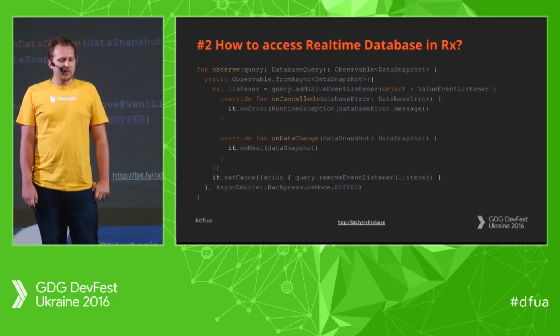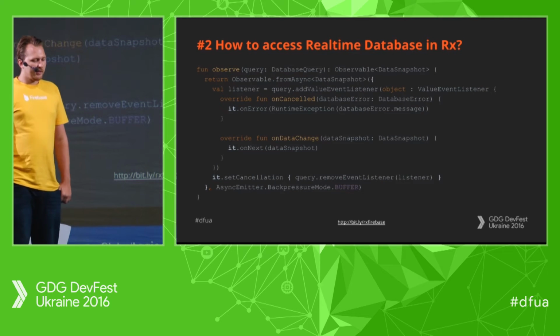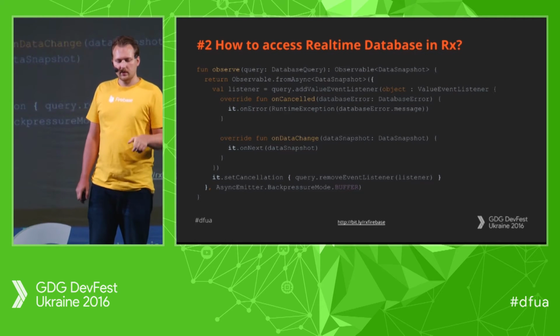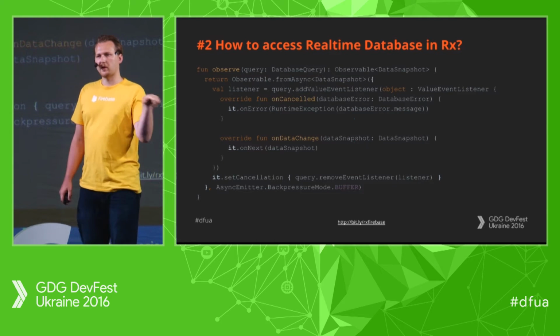But the official SDK doesn't have reactive extensions. It doesn't give you observables. But it's quite easy to wrap it like this. We have a database query, and we are using this API from RxJava called Observable.fromAsync.